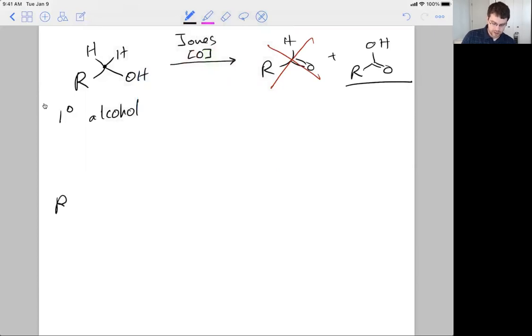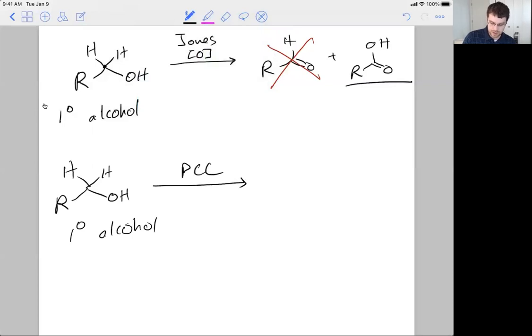But if you do want the aldehyde, you have to change your reagent from the Jones oxidation conditions that contain water to PCC. When we use PCC, then we have formation of the aldehyde, but not formation of the carboxylic acid.